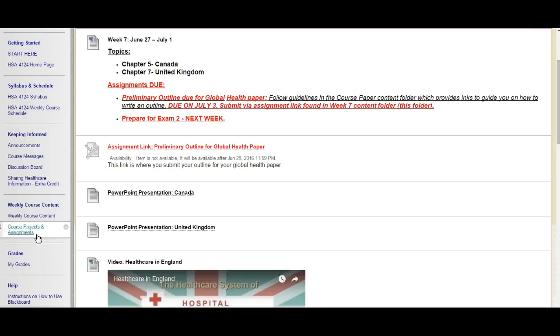Once you go into that link, you will find a sample outline that follows the APA format. Remember, I do expect you to include in-text citations as well as a reference list with at least 5 references, all following an APA format. Remember, the more detailed you are in your outline, the easier it will be to write your final paper.